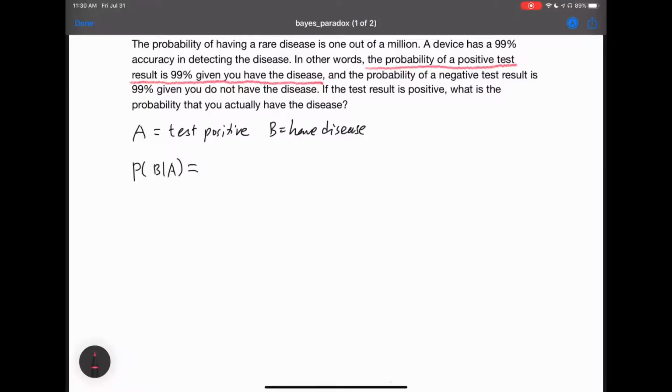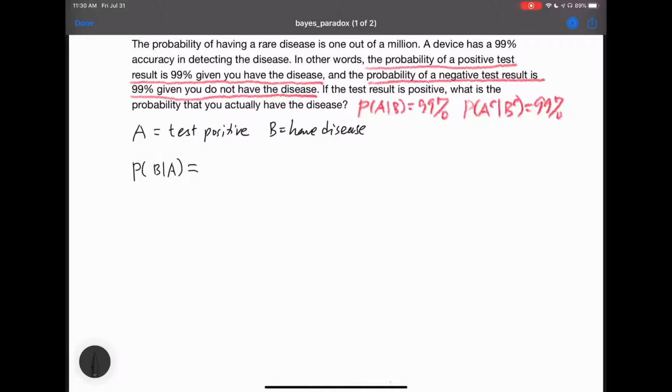In other words, what we know is the probability of A given B is 99%. We also know the probability of a negative test result is 99%, given you do not have the disease. In other words, we know that the probability of A complement given B complement is equal to 99%. A complement means the opposite of A, or A does not happen.